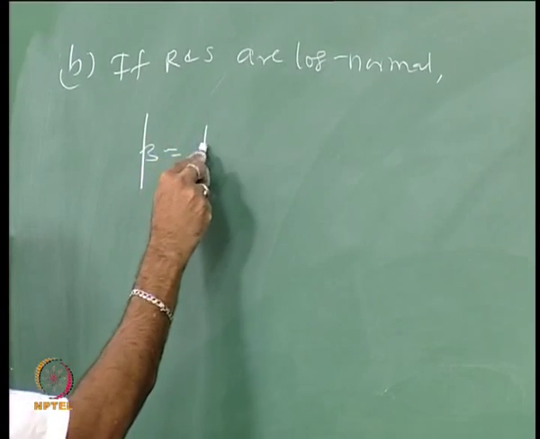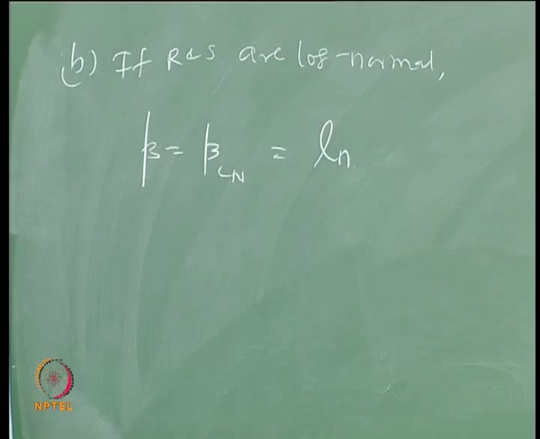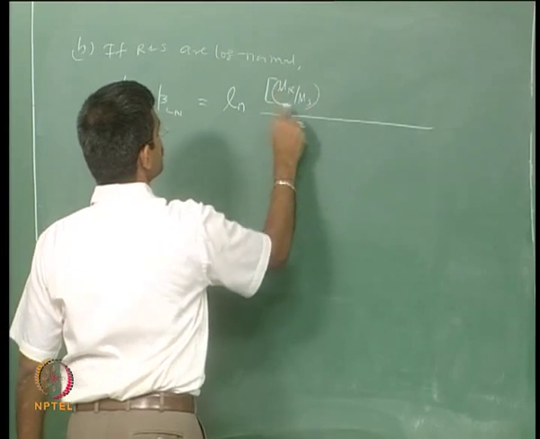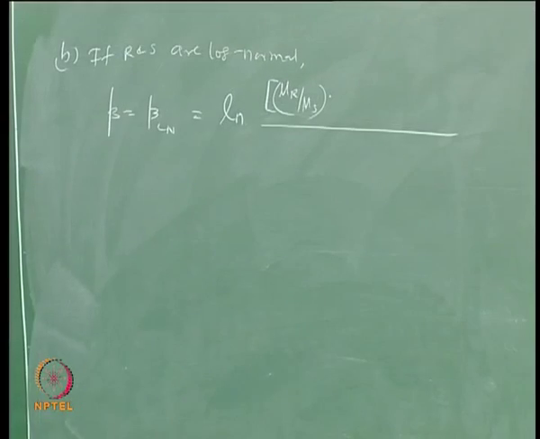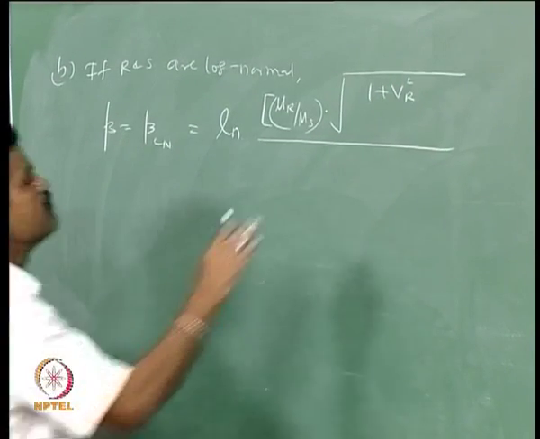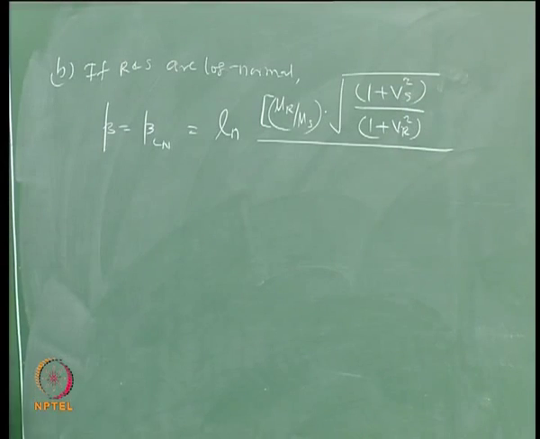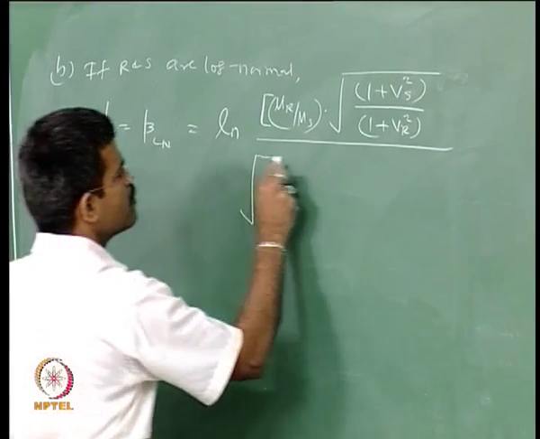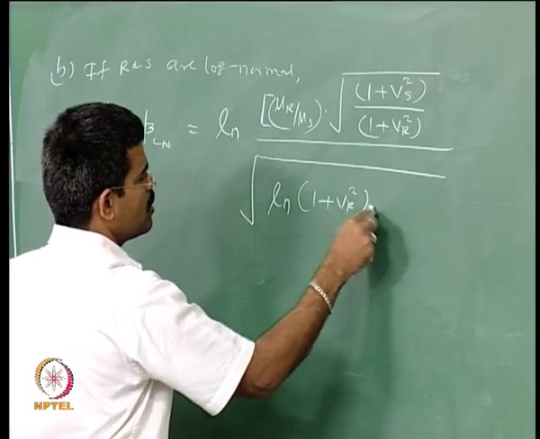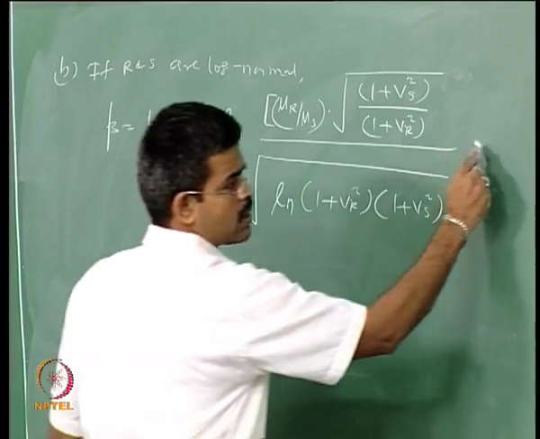then beta is given as ln of, this is natural logarithm, mu r by mu s, equation number 5.